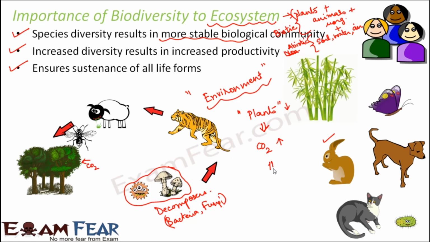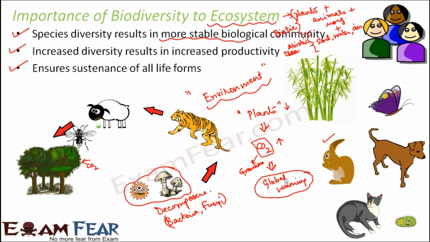Now when the amount of carbon dioxide in the atmosphere increases, what is carbon dioxide? Carbon dioxide is a greenhouse gas. We learned about the greenhouse effect in our previous lesson, right? So the greenhouse effect increases. When the greenhouse effect increases, the average temperature of the earth increases, which we call global warming. Is that something good for the environment?